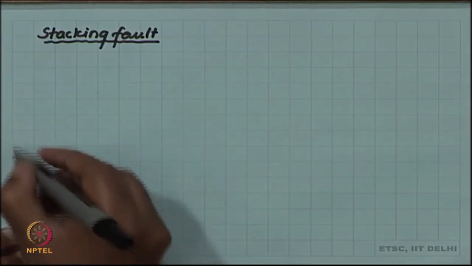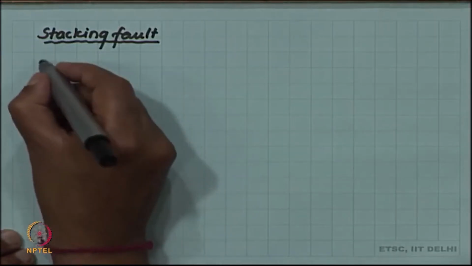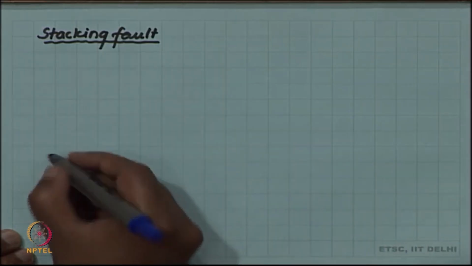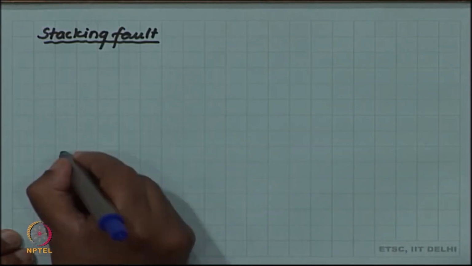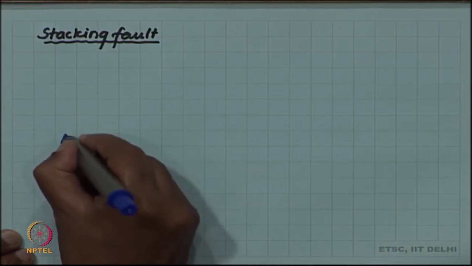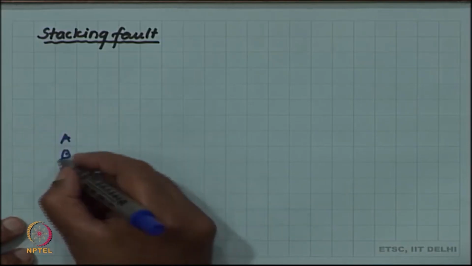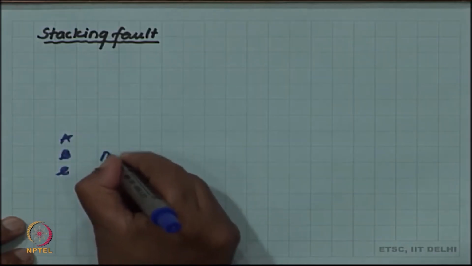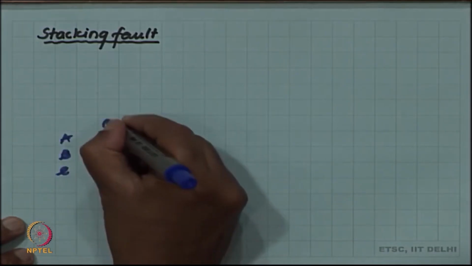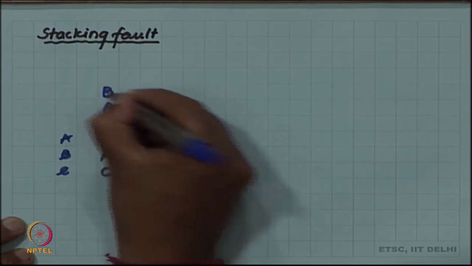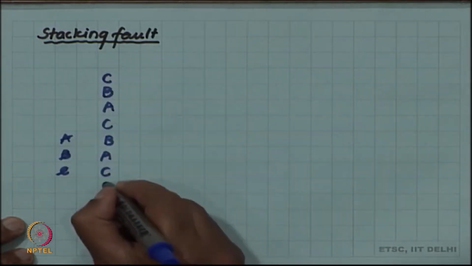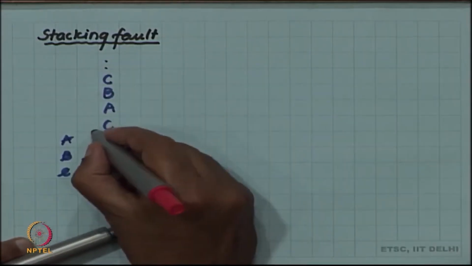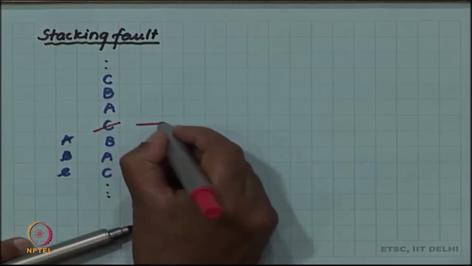Let us look at that fault again. So, we had the structure CBA, sorry, the way I had written last time. So, CAB, CAB and so on, and I removed a C plane to create the defect.